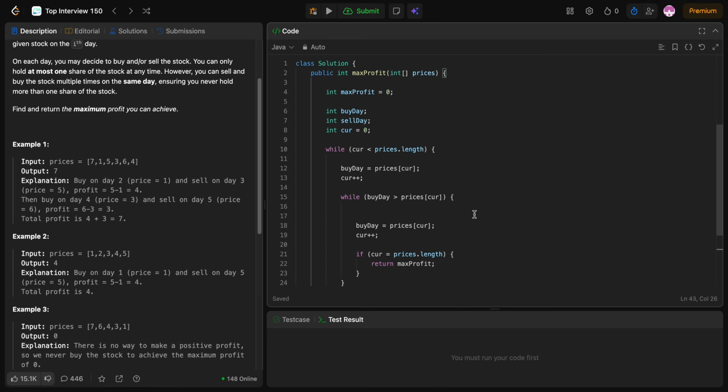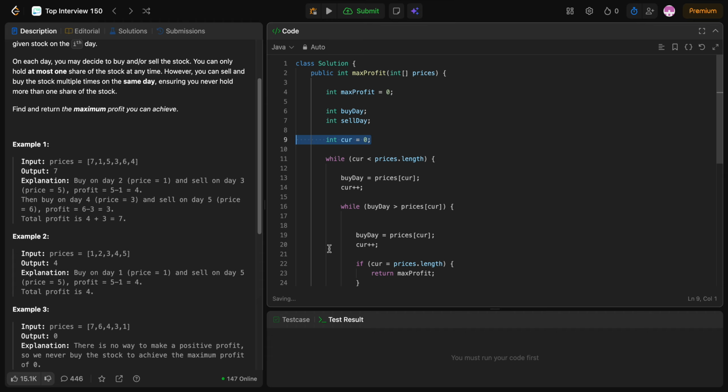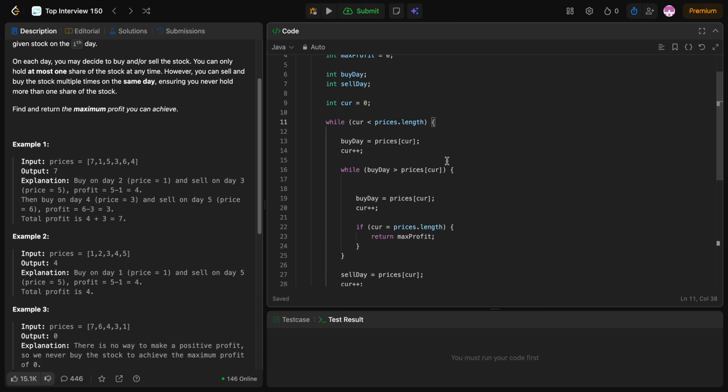Okay, so let me just walk through what I'm doing here. I think the logic makes sense. So I am initializing my max profit, initializing buy day, sell day. Car is the current variable that I'm on, which equals 0. While car is smaller than prices.length, I'm setting buy day to first day, and then I'm saying that while buy day is greater than the next day, the next day becomes the buy day.